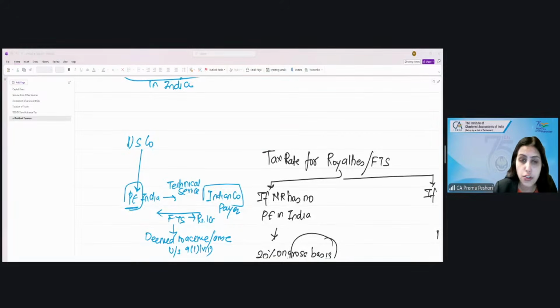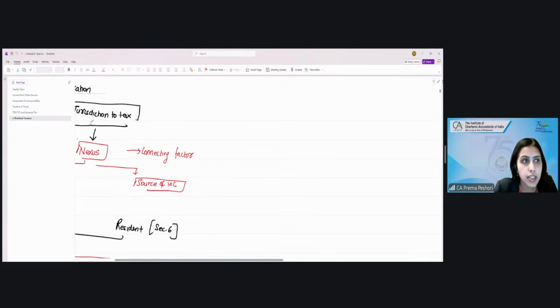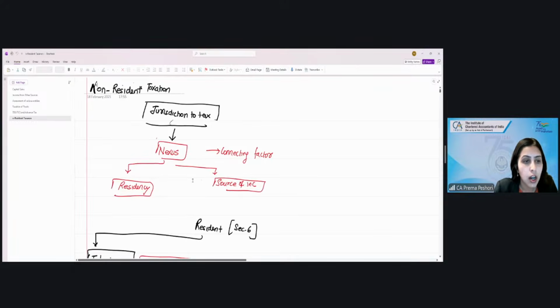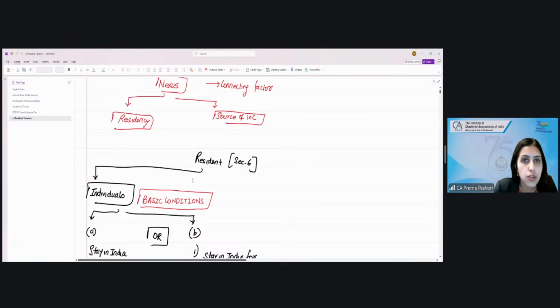So first of all, under the NR taxation, you have to tell me how do you determine the residential status of the individual here in India? How do you determine the residential status of the individuals? What is the criteria for deciding the residential status?